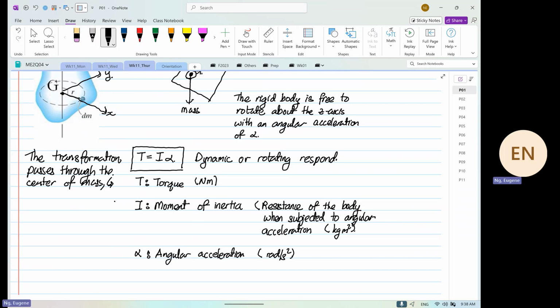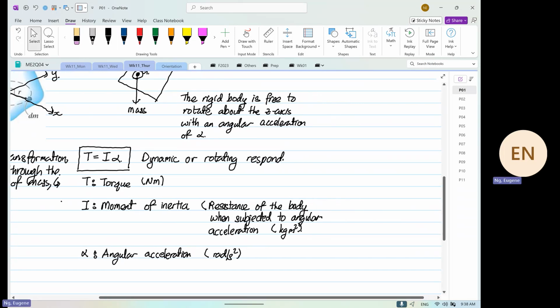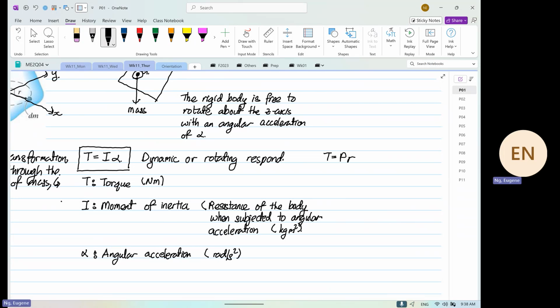And I believe you will also see that torque is also equal to P multiplied by R. Yes or no? This is also the same torque. But this is for what? When torque equals P multiplied by R, this is due to what? Static loading. Are we clear?